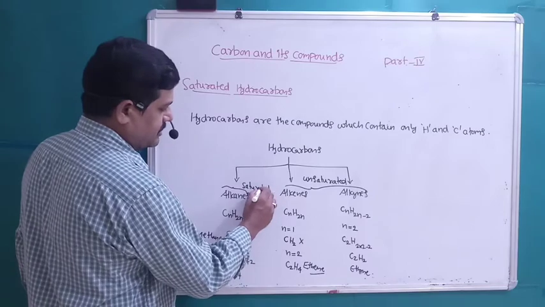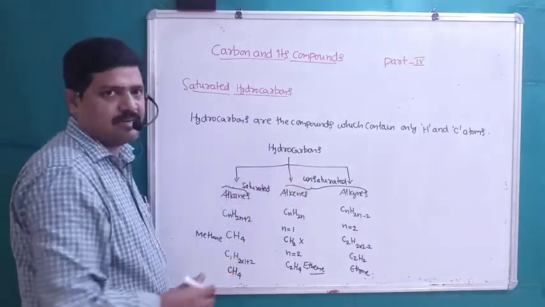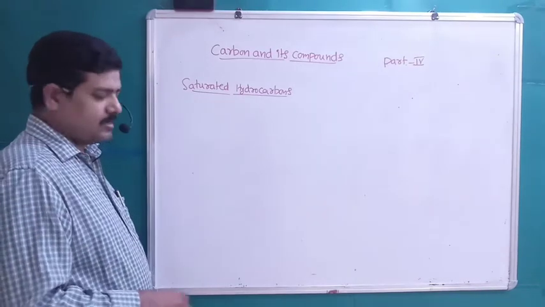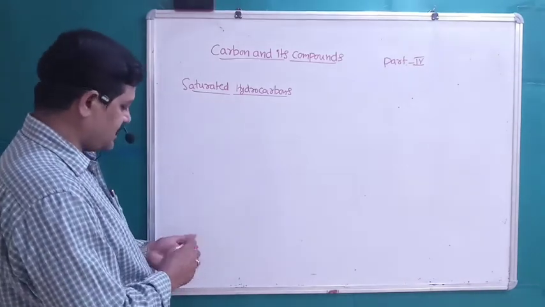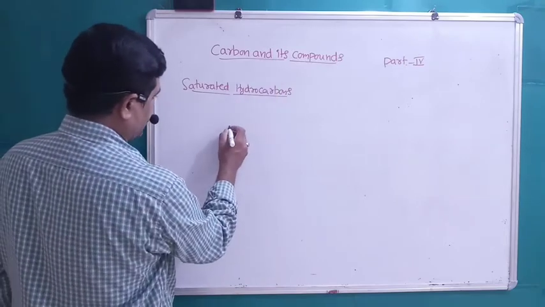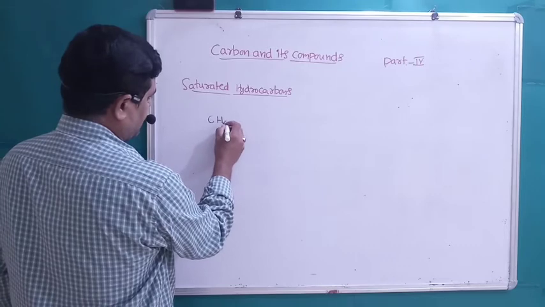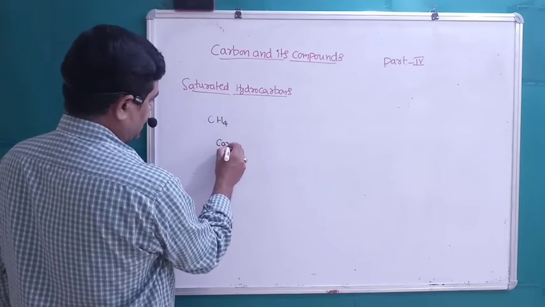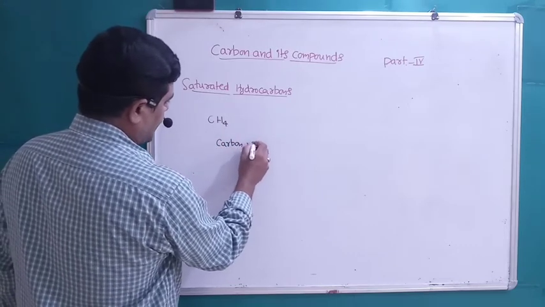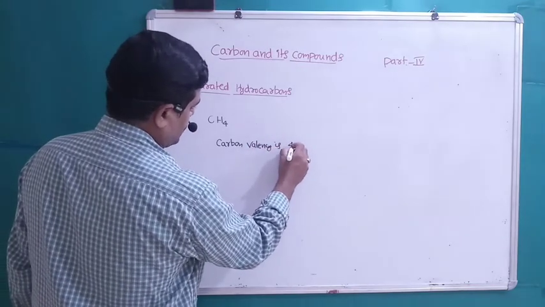Let us take some examples of saturated and unsaturated. Dear students, for the saturated hydrocarbons, we will take CH4. Carbon valency is 4, right?